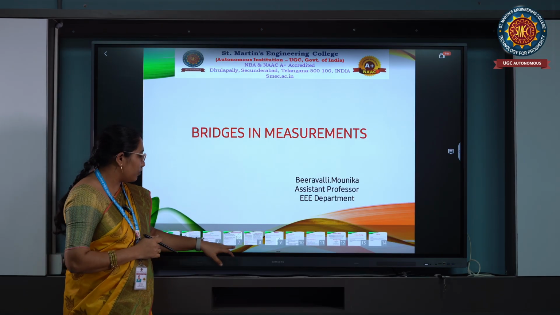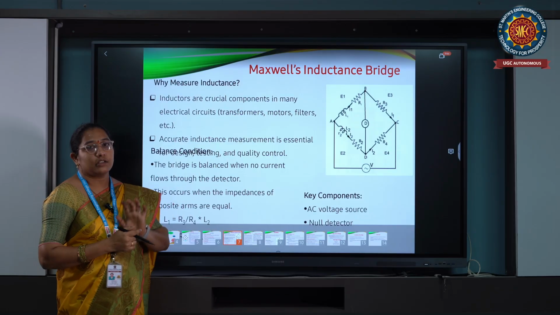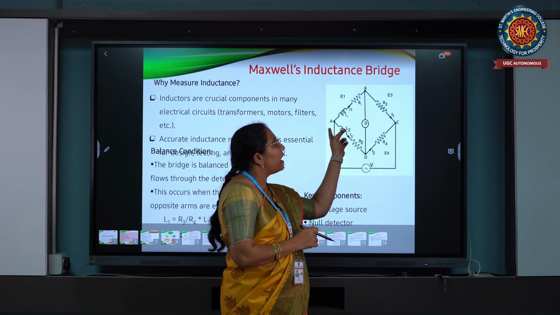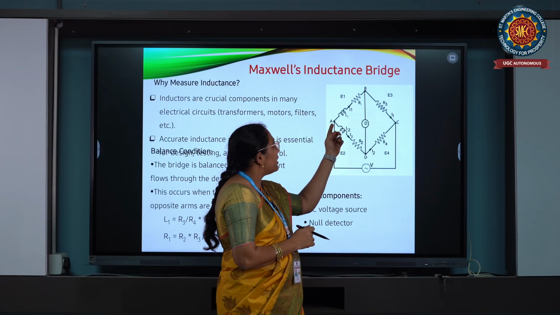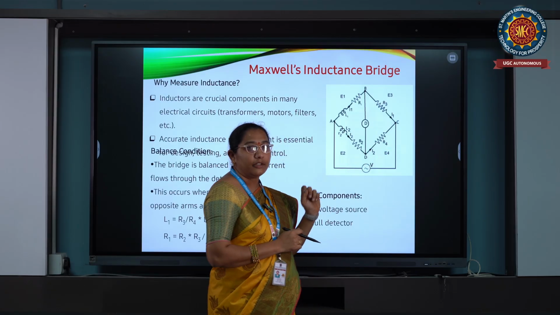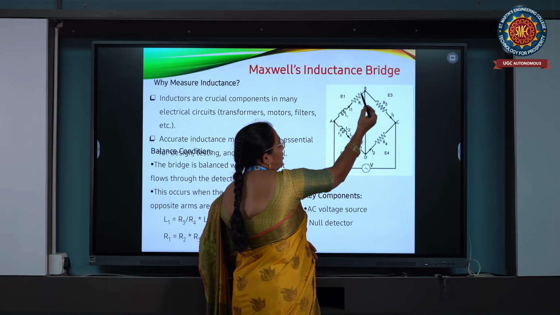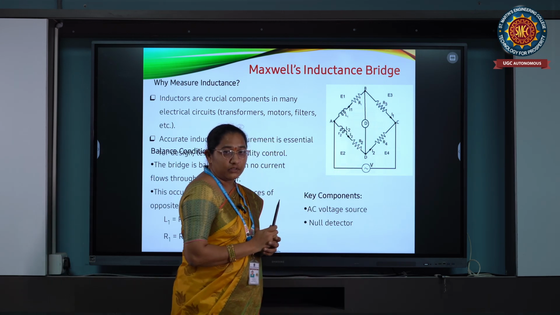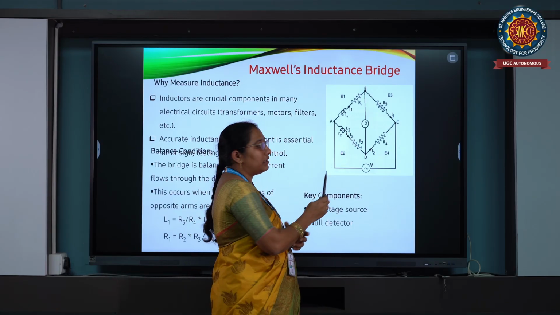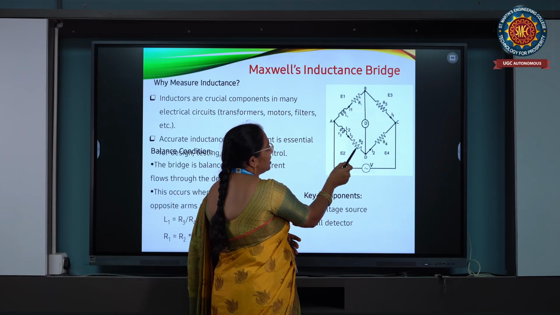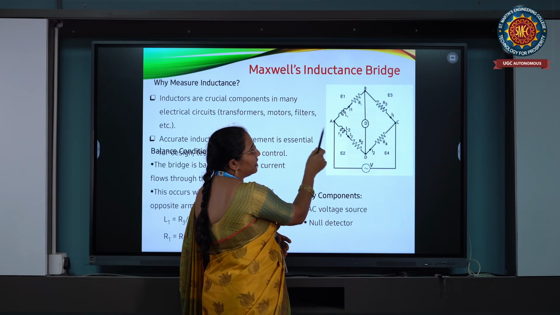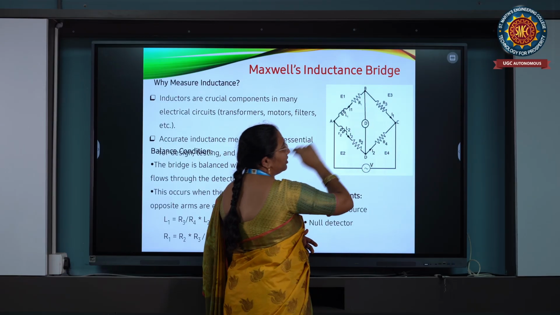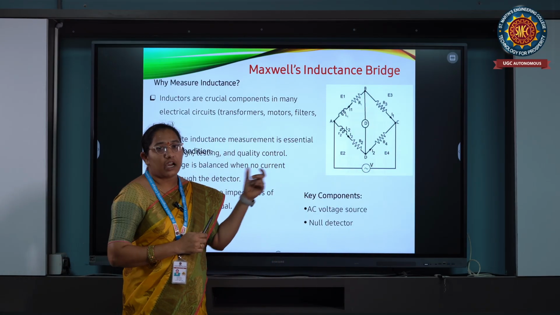So now we are going to see Maxwell's inductance bridge. In this bridge, here also we are having 4 nodes that are named as A, B, C, D. And in between the A and B terminals, we are connected unknown resistance and unknown inductance named as R1, L1, and known resistance and known inductance are connected in between A and D, and in between D and C we are connected resistance R4, and in between B and C we are connected resistance R3.